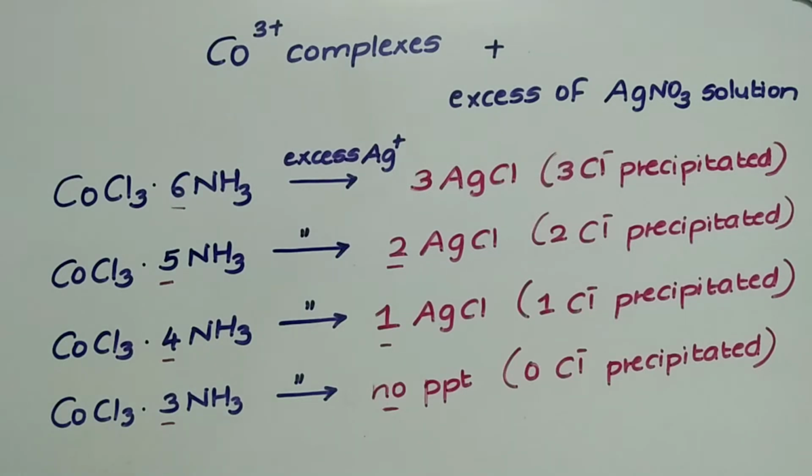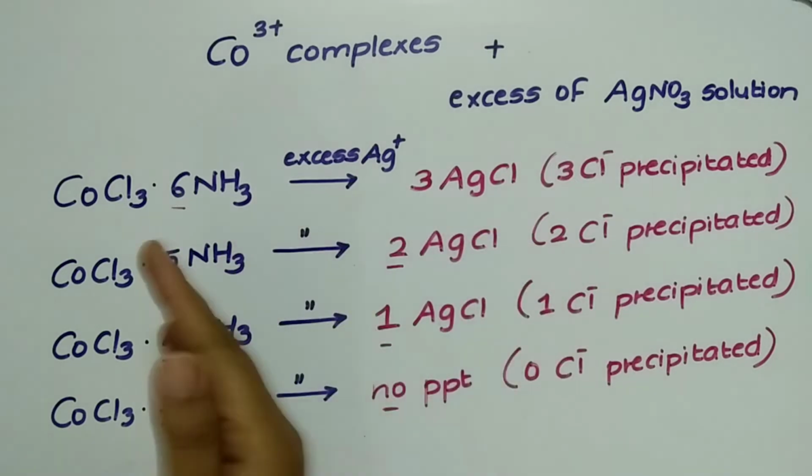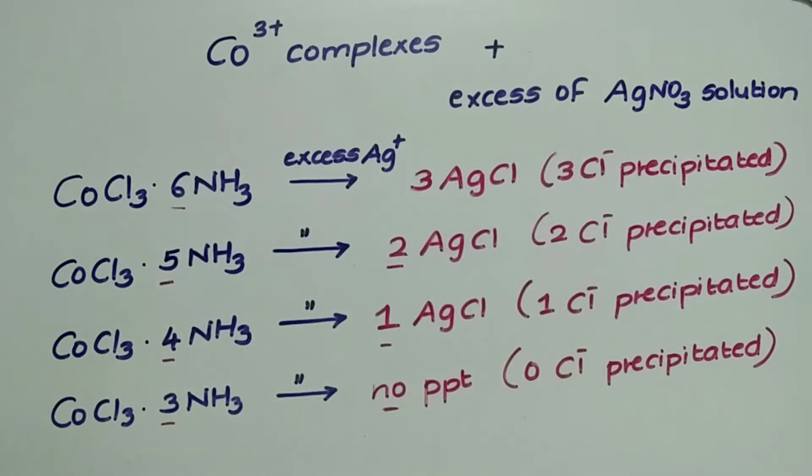So from this he wrote new formulas for the compounds, that we will check now. You can copy this down so that you understand. In the first one 3 Cl-, second one 2 Cl-, third one 1 Cl-, and the last, no Cl- were precipitated.